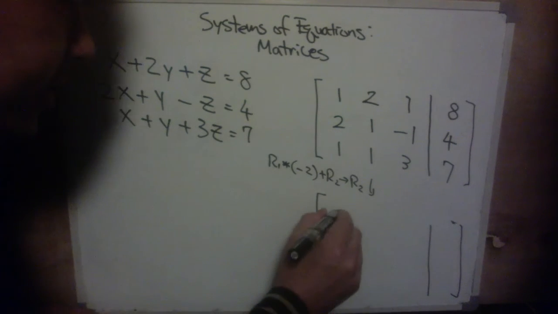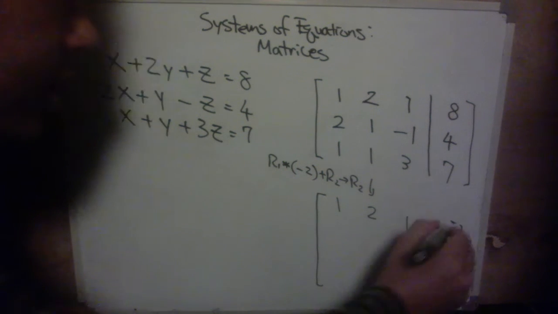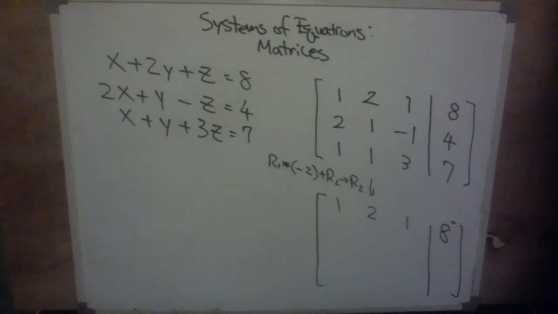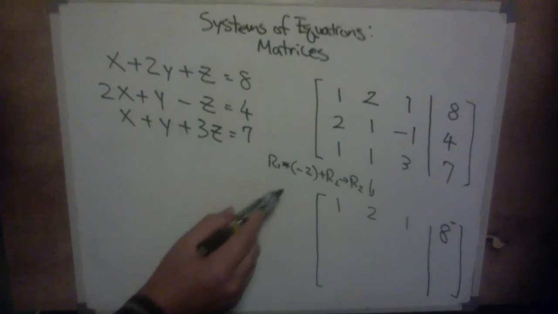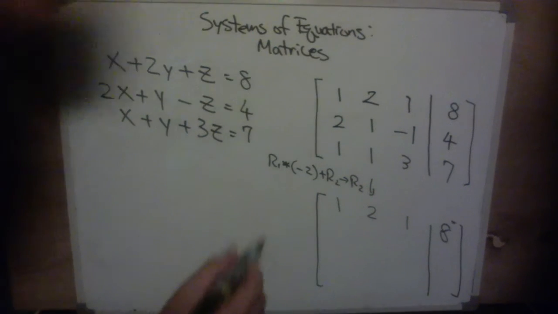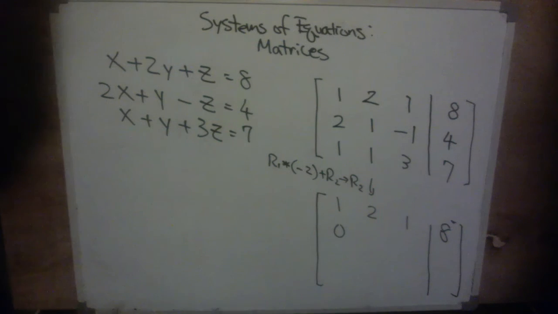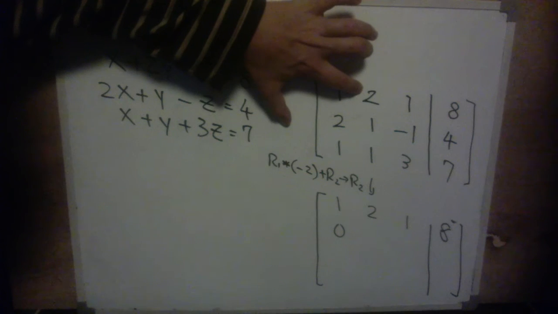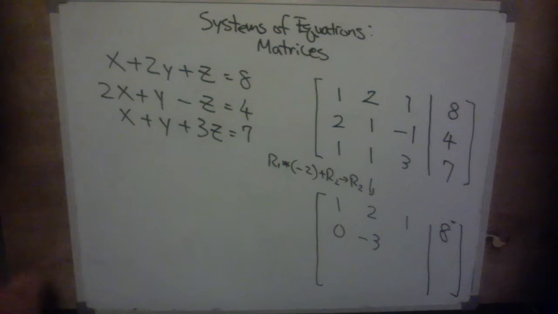So row 1 stays the same: 1, 2, 1, 8. Now, I'm going to take row 1 and multiply it by -2. So it's 1 times -2, that's -2, plus 2, that's 0. So I get a 0 right here. That's what I want. Now, 2 times -2 is -4, -4 plus 1 is -3.